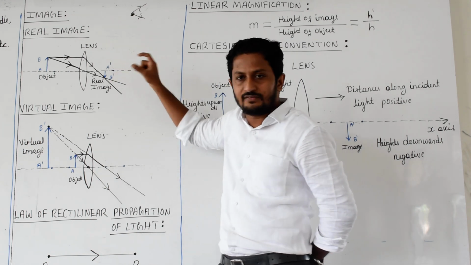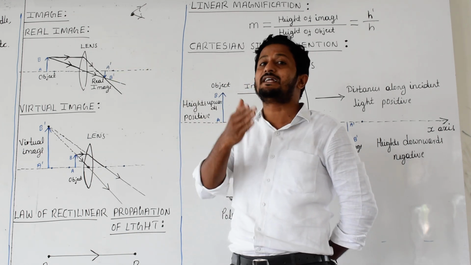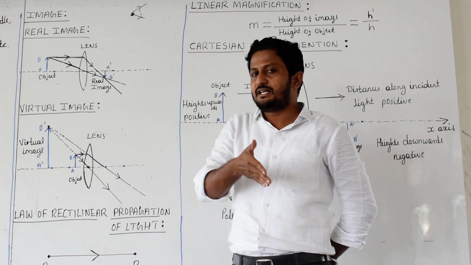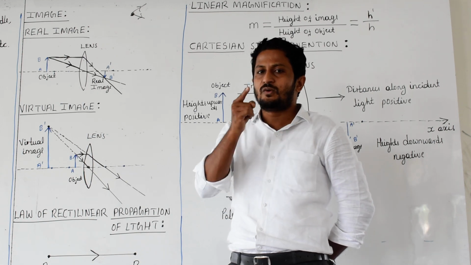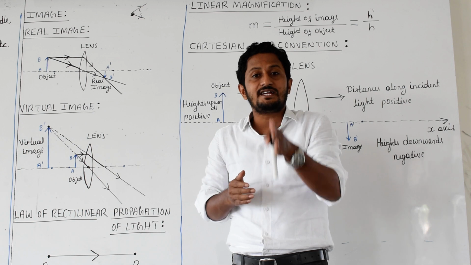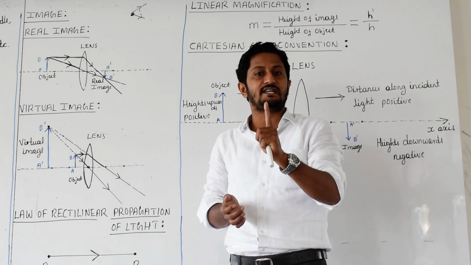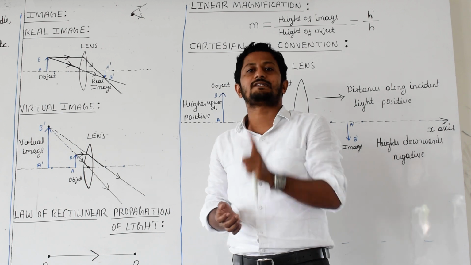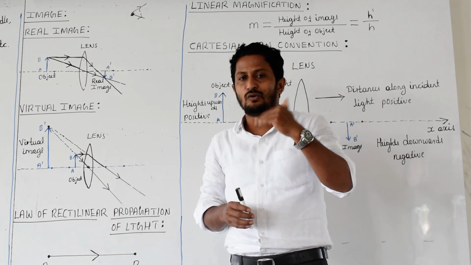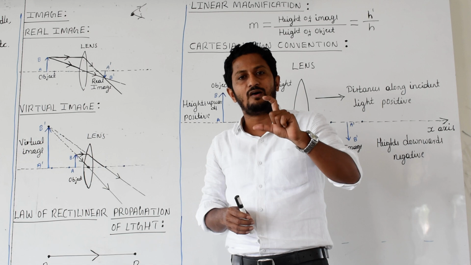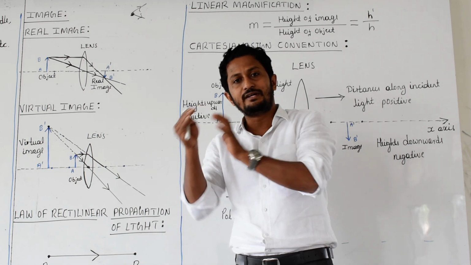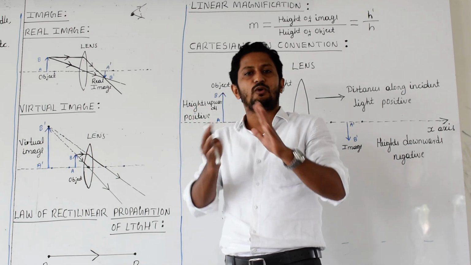The size here means linear magnification. Linear magnification means we focus on the height only, height of the object. Linear tells along a straight line. We focus on the height of the object and the height of the image. They are going to change.